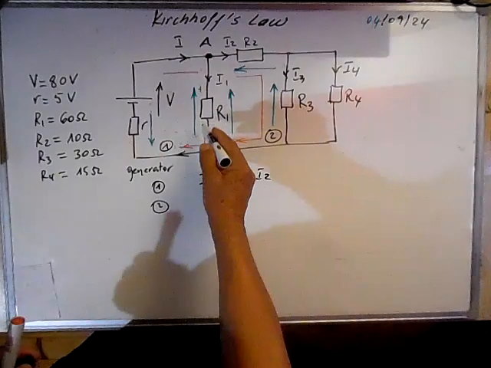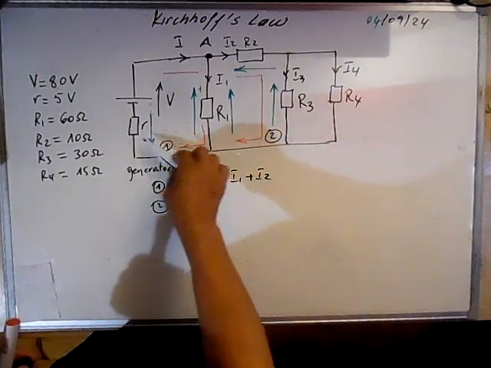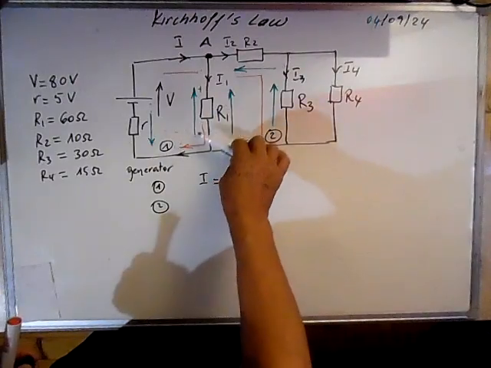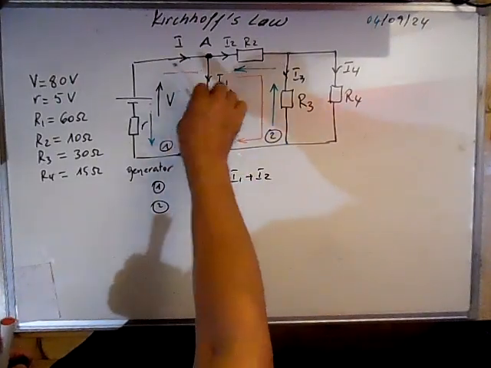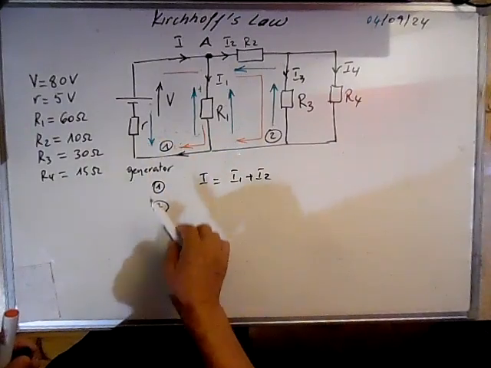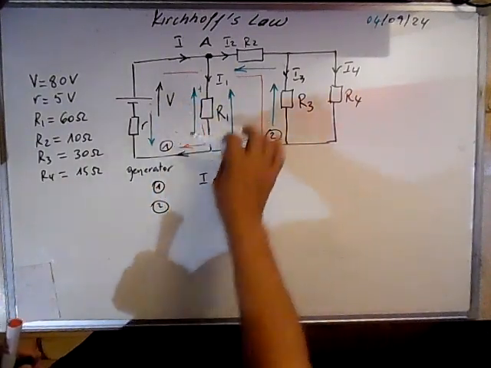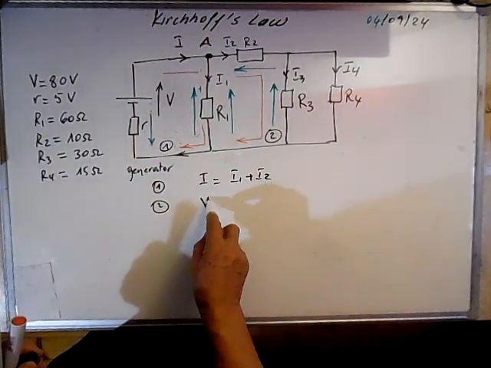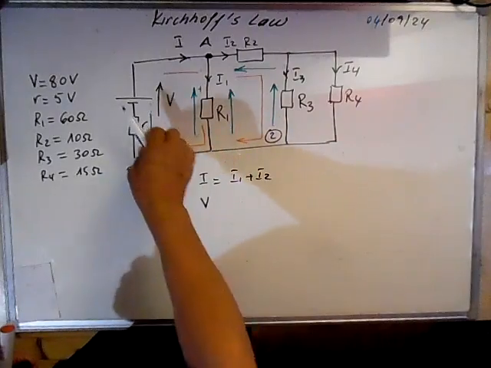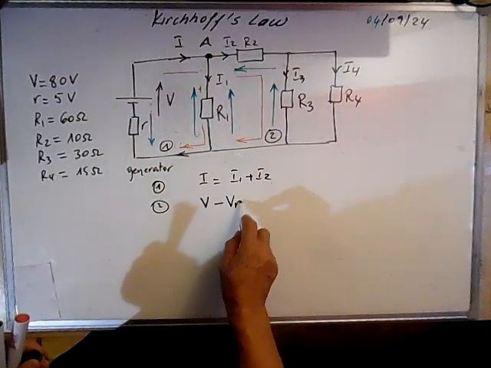If the voltage drop or the source voltage has the same direction as the one chosen, it's plus. For example, here this V has the same direction, clockwise, so we write V. If it is opposite, we write minus VR.